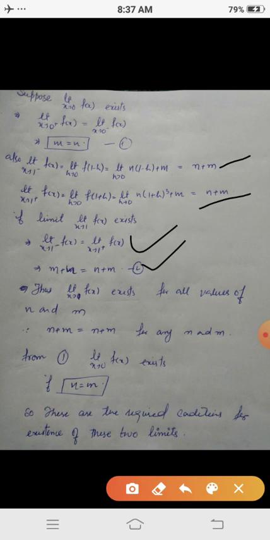From equation first, n equals m is the condition when the limit exists at x equals 0. So when we put n equals m in the given function, the limit at x equals 0 exists, while for every value of n and m, the limit at x equals 1 exists. In this way you can find the limit of any function.